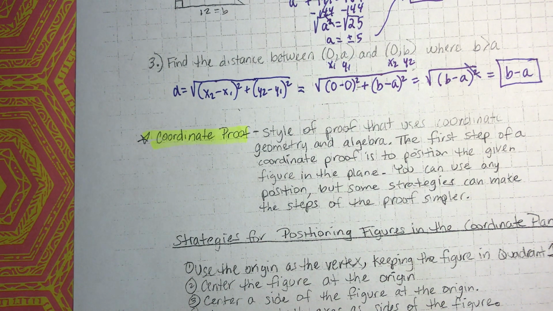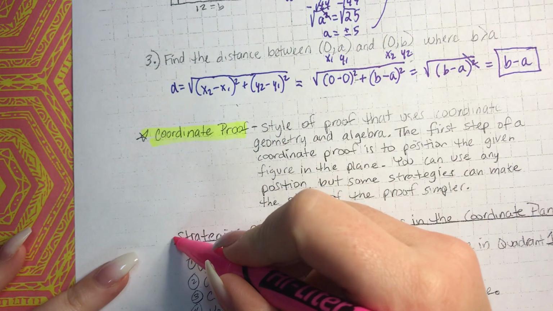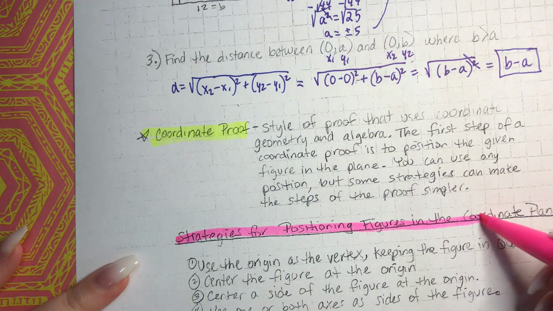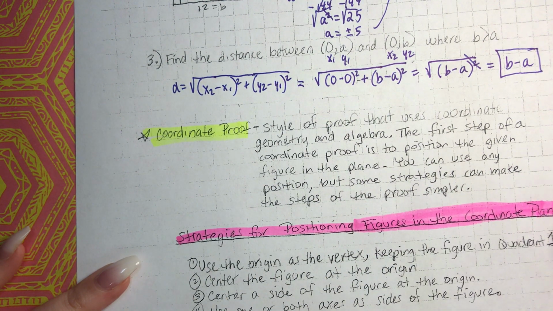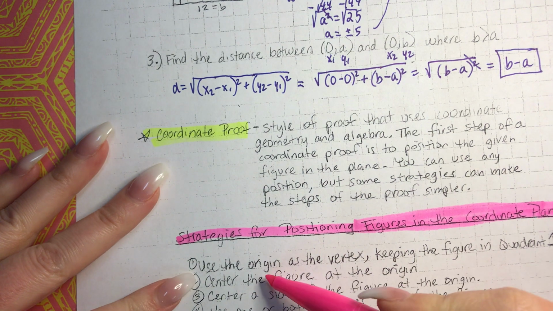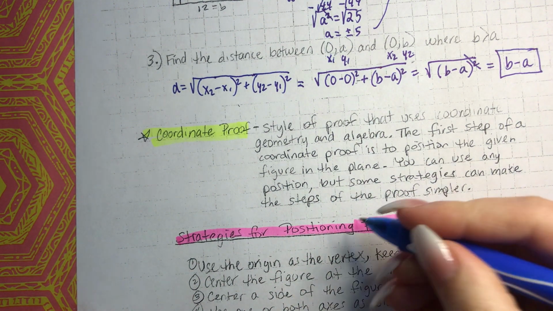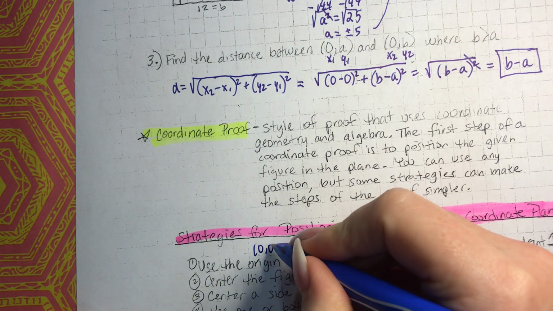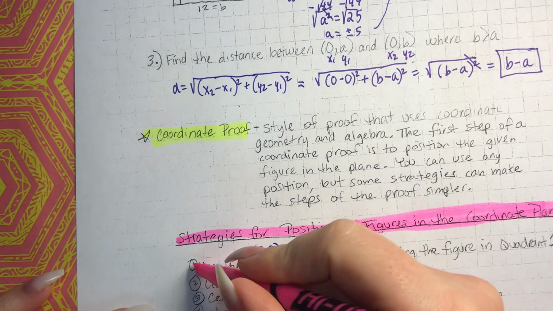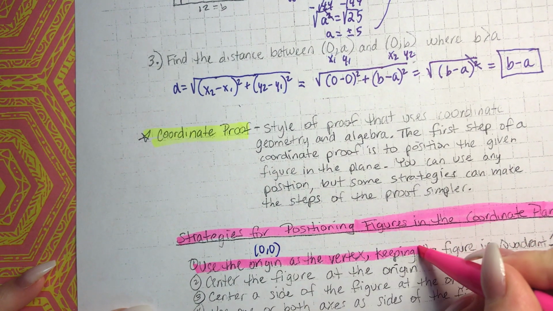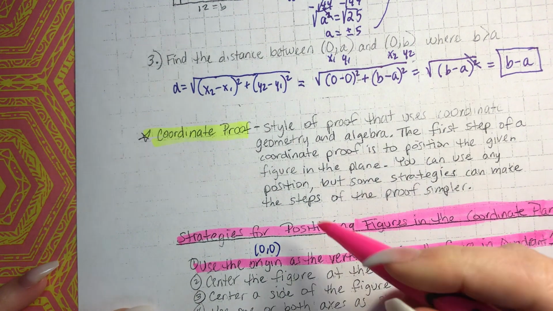So you're going to have a figure, and you're going to position the figure in the coordinate plane, okay? So strategies for positioning the figures in the coordinate plane. Okay, so the first strategy is to use the origin. You know what the origin is, right? That's 0, 0. So the first strategy is to use the origin as the vertex, keeping the figure in quadrant 1.